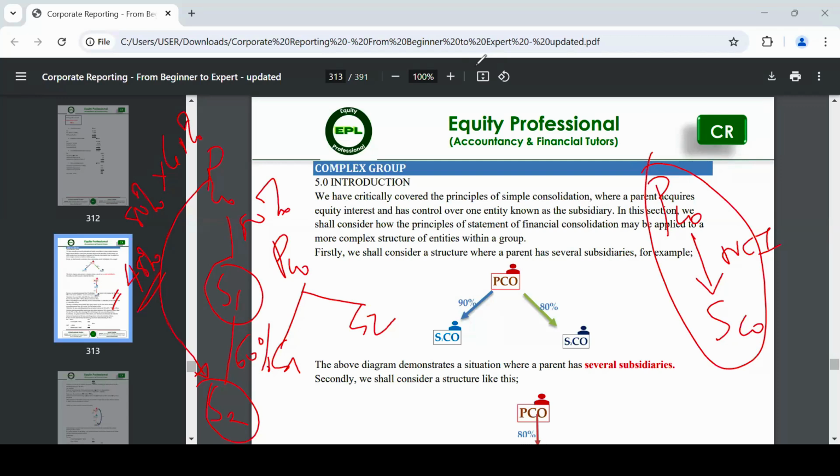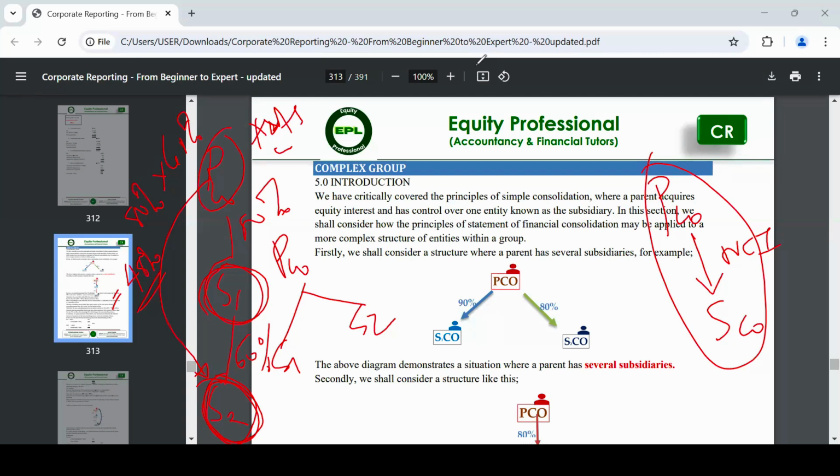If this parent needed to consolidate S1, and S1 happens to be a parent to S2, meaning that S1 made equity investment in S2, don't forget that when Pico acquired S1, Pico had right into the assets and liabilities of S1.